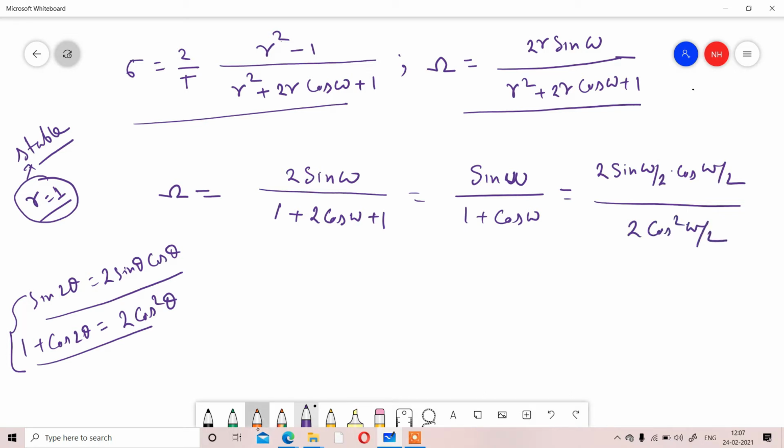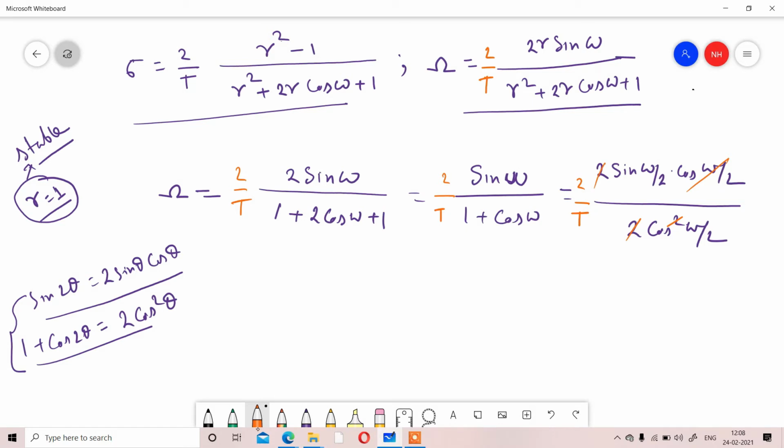2 will be cancelled out, 2 will be cancelled out, and one cos omega will be cancelled out. So we have sine omega by 2 and cos omega by 2. Keep in mind, just a correction, there is a 2 by t that will remain here.